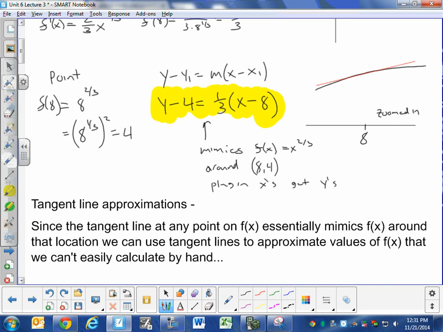If I plug in x's, I'll get y's. But what are the y's? The y's will be approximations of my original function.